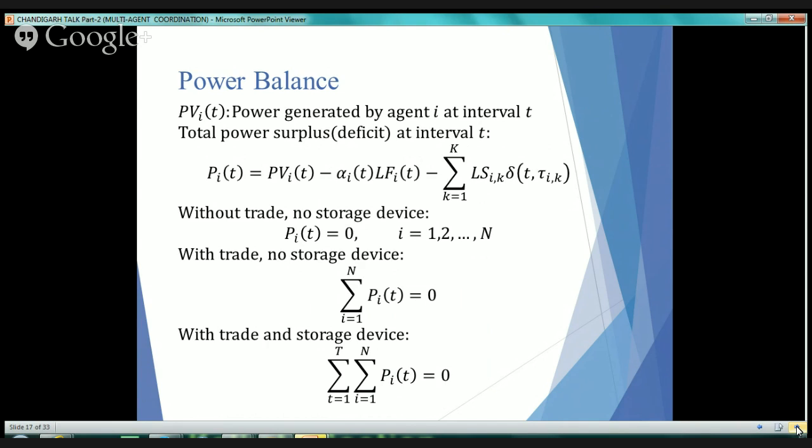This is the total power generated from the solar array, so this minus these two will give you the total surplus power. It could be a deficit. If the sum of these two exceeds this, then this would be negative, in which case we have to buy power from some other source, right? Otherwise, if this is positive, we can sell power.